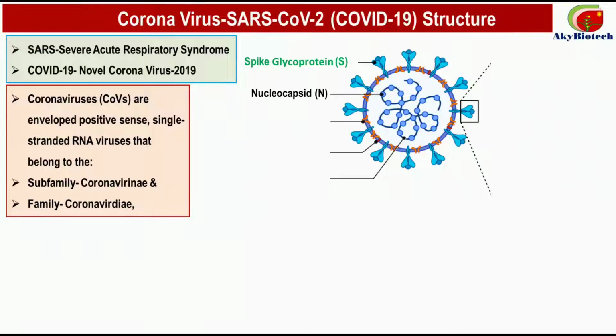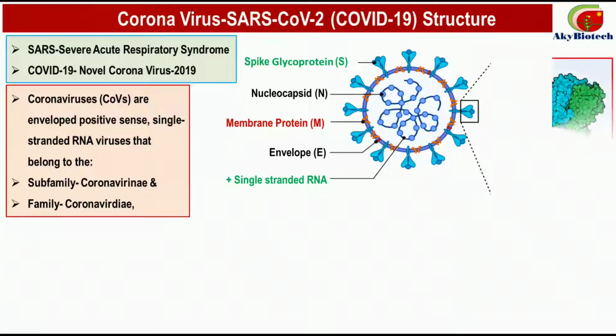Next, in between the envelope, that is the nucleocapsid. Then comes the membrane protein, the outer one. Next is the envelope, and the inner coil structure, as you can say, that is the positive single-stranded RNA.